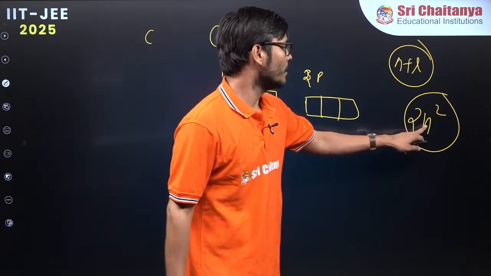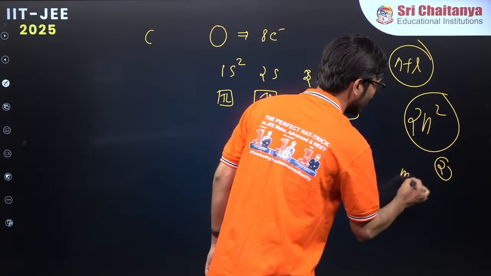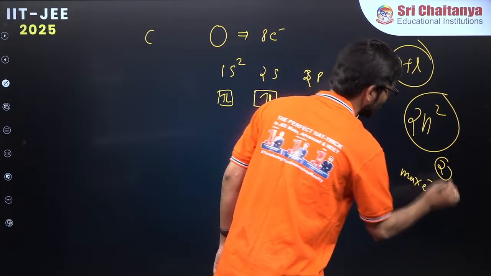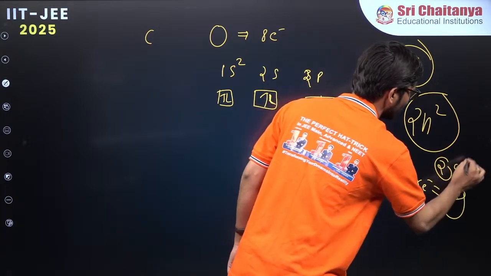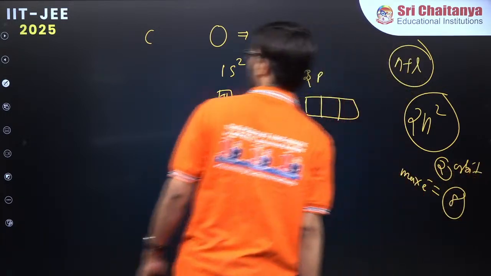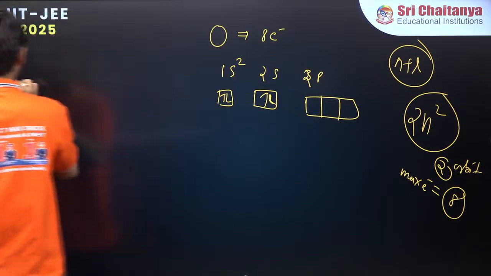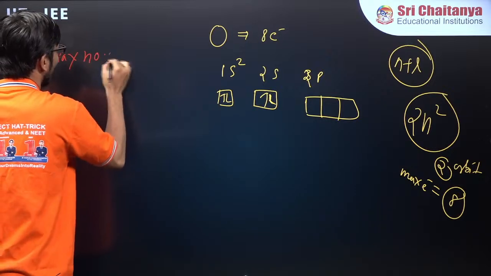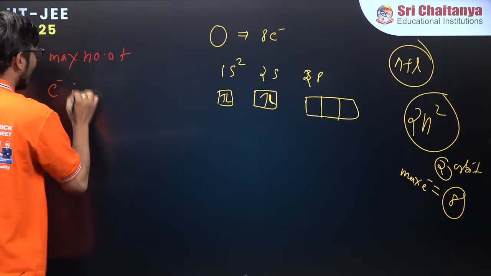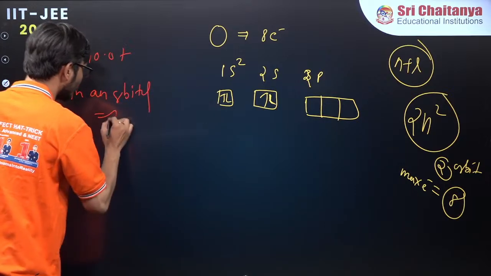For example, you have the second orbit. Second orbit mein maximum electrons is equal to 8. I'll write this formula for you. Maximum number of electrons in an orbital is equal to 2.